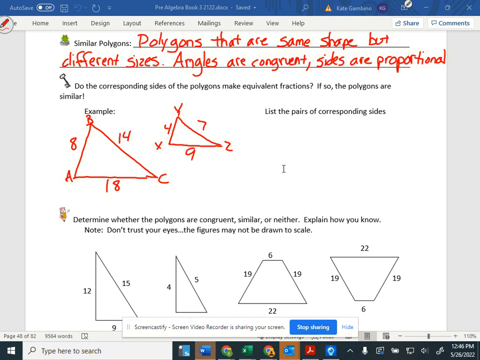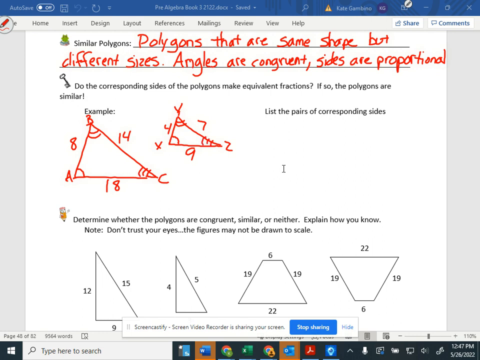So we can see our sides are proportional. I'm dividing each side by 2. I'm shrinking it down by 2. They are proportionate. Our angles, we have angle A and angle X are congruent, angle B and angle Y are congruent, and angle C and angle Z.